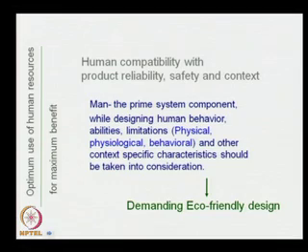Human compatibility means optimum use of human resource for maximum benefit, with product reliability, safety and context. Man is the prime system component, so while designing, human behavior, abilities and limitations, that is physical, physiological and behavioral, and other context specific characteristics should be taken into consideration.